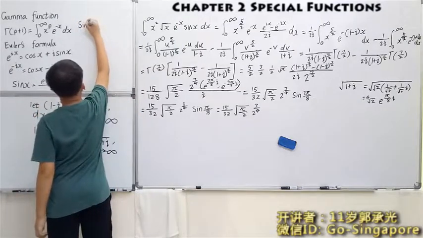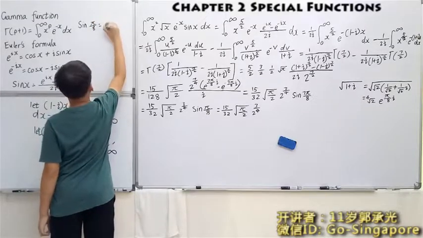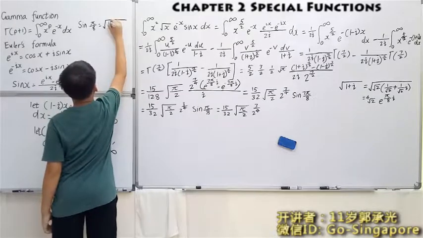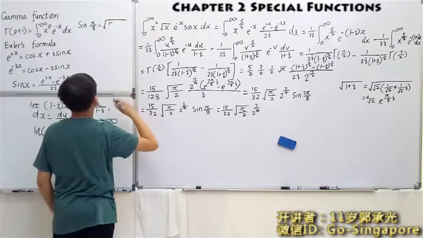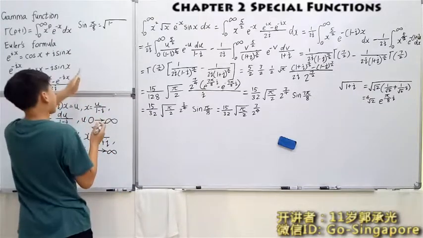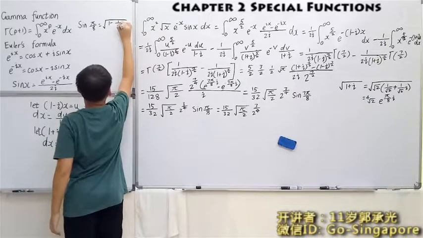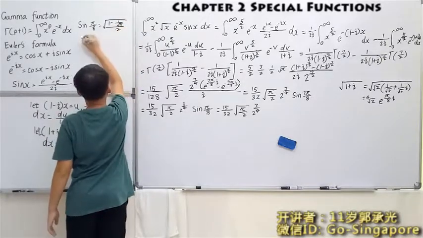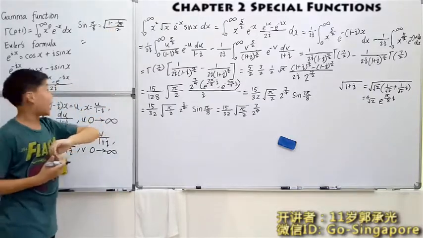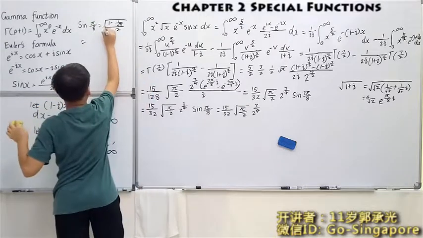So this sine pi over 8, that would be equal to square root 1 minus, okay, since this is a sine, so it's a minus. Then it's a cosine pi over 4. Cosine pi over 4, 1 over square root 2, then over 2. Then we can both numerator and denominator times 2. And this whole thing square root.